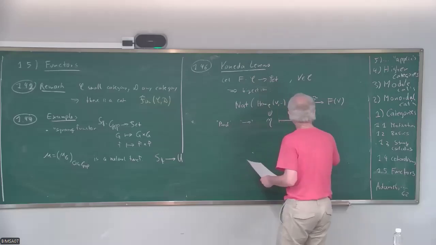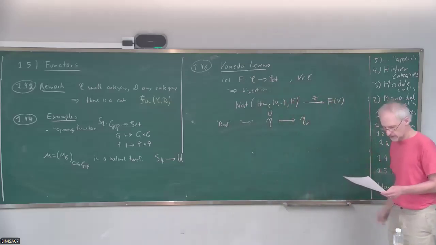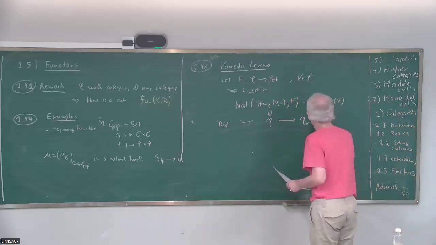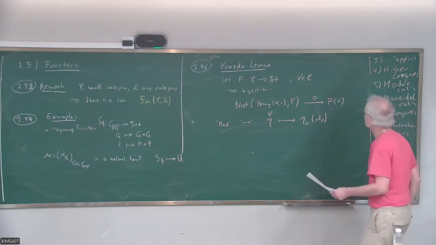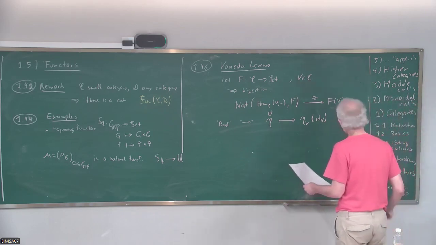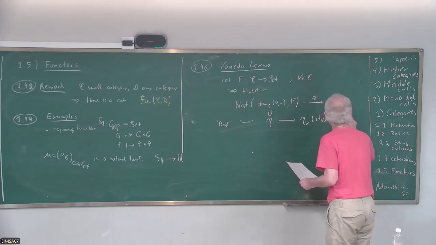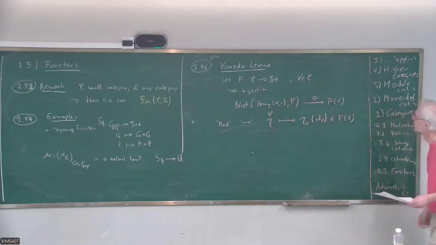You take eta, the component at V, and apply it to the identity of V. This by definition is an element in this set.